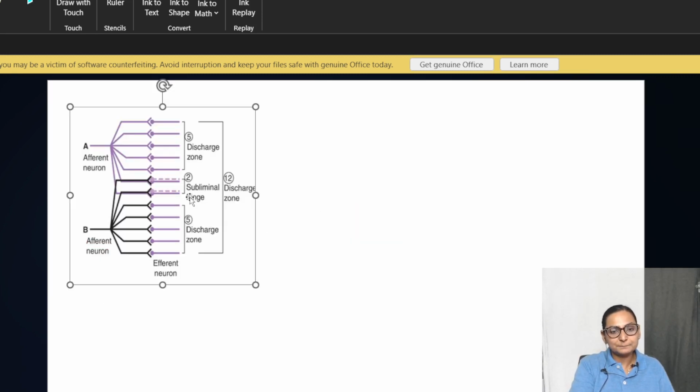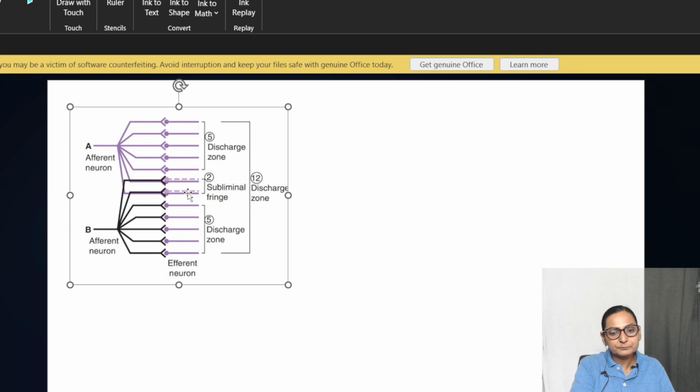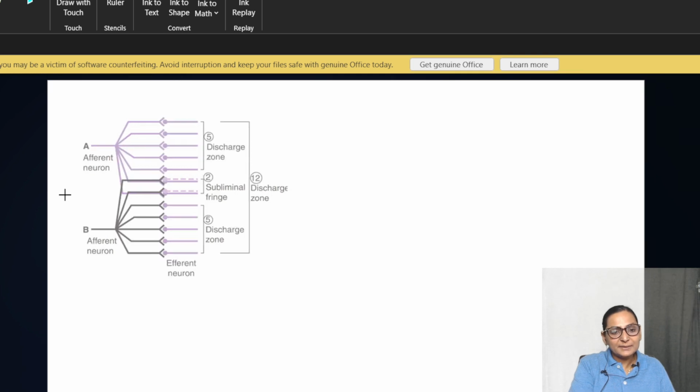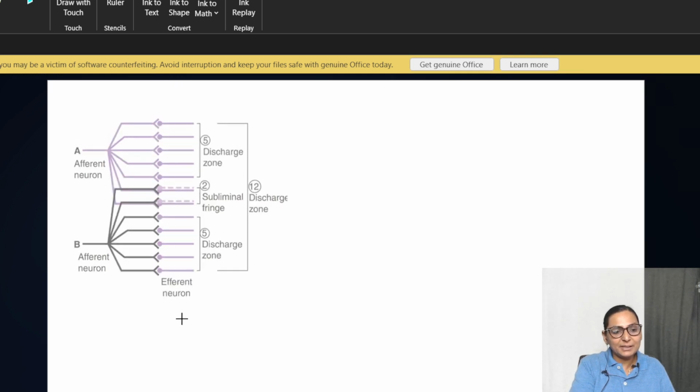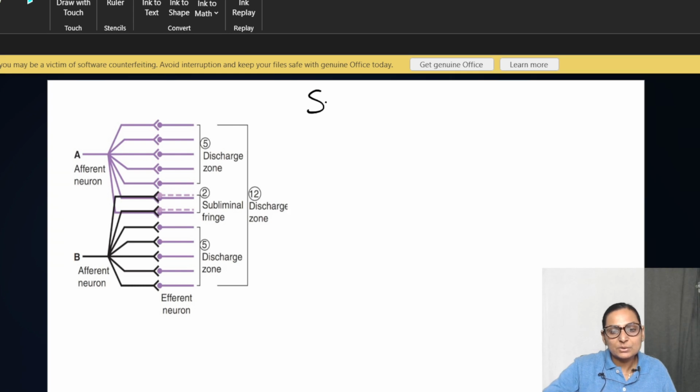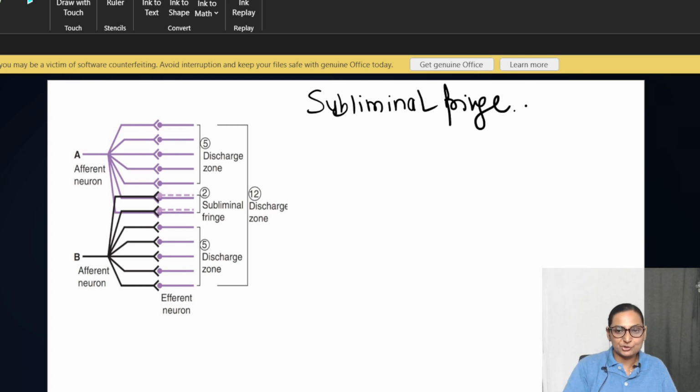Now see. This is the property of subliminal fringe. This figure shows us subliminal fringe. This is one neuron A, another B. This afferent is making direct connection with 1, 2, 3, 4, 5.